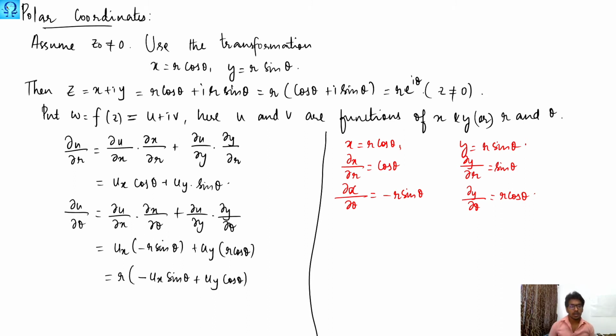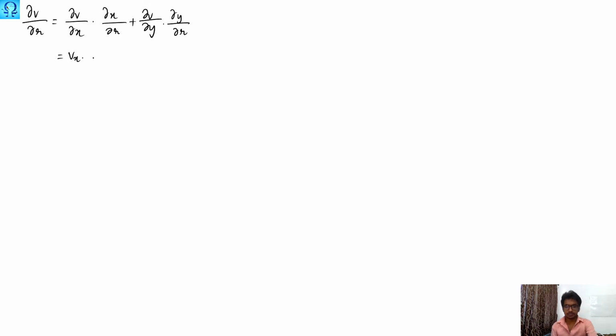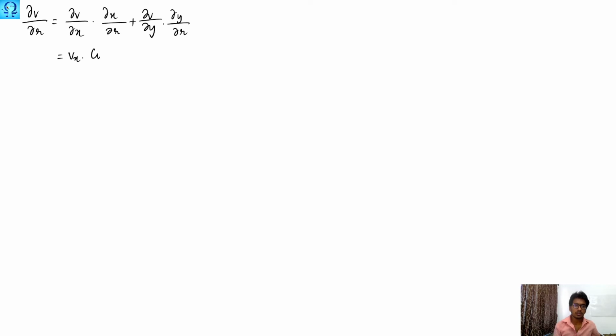Similarly, we'll have to find del v upon del r and del v upon del theta. So del v upon del r may be written as del v upon del x multiplied with del x upon del r plus del v upon del y multiplied with del y upon del r. So this is vx multiplied with, what? Del x upon del r was cosine theta, right? So this is cosine theta, and this is vy multiplied with sine theta.